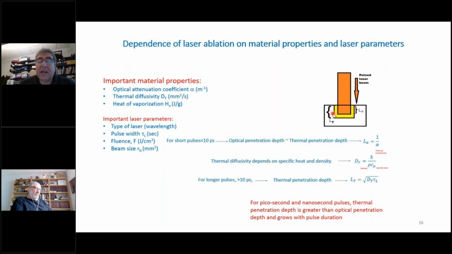This is called the optical penetration depth. When the pulses are very short, that is less than 10 picoseconds, this optical penetration depth is equal to the thermal penetration depth LT. So wherever the beam of light is penetrating, that's the same area where there is thermal penetration as well.